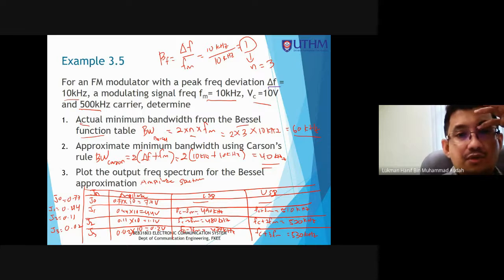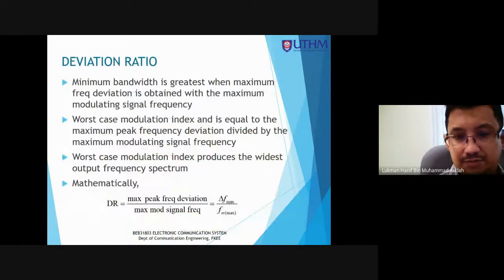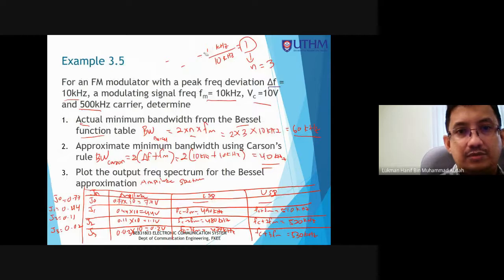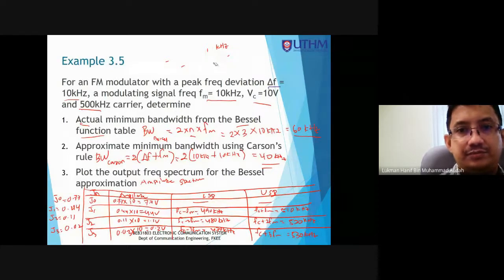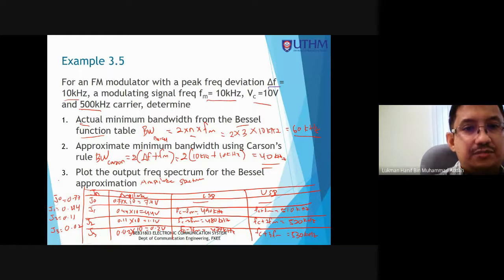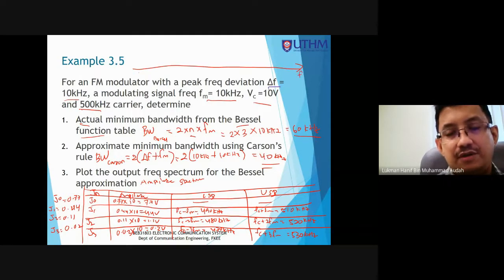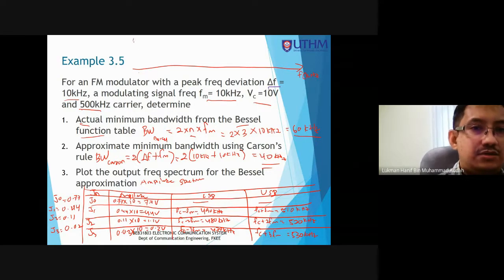Okay, so when you want to draw, ini saya padam yang atas ni. So let's say this is an amplitude spectrum. That means seperti ini, so F is in kilohertz, for example, and this is the amplitude spectrum.